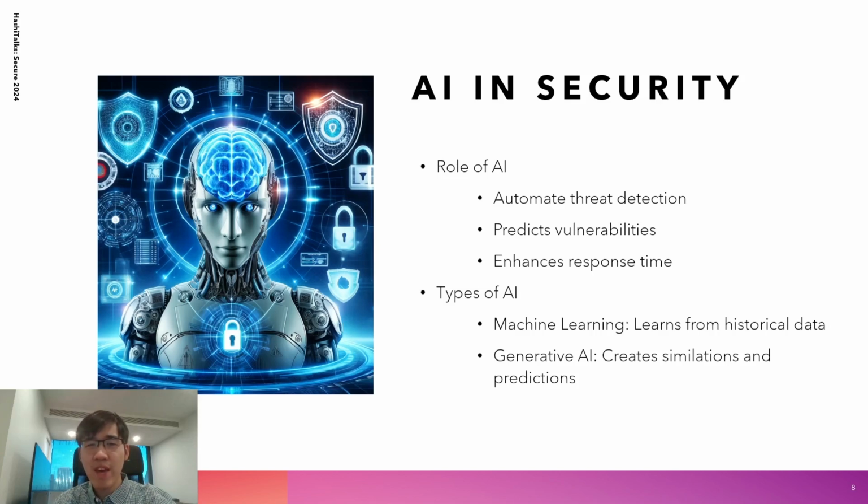That's why with AI, we're able to bring a greater, more enhanced way of responding to these kinds of events. We can do this by automating the process, being able to automate the threat detection that's being done, because we can predict these vulnerabilities from happening, hence providing suggestions on how to deal with these kinds of issues.